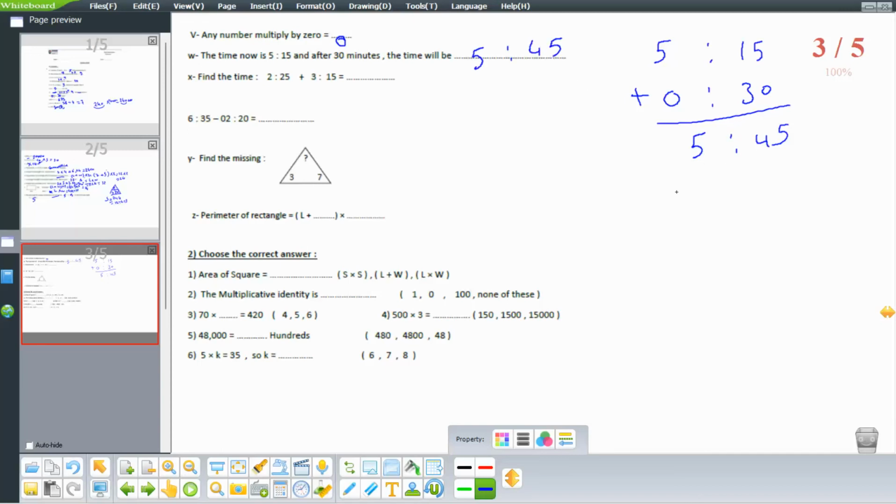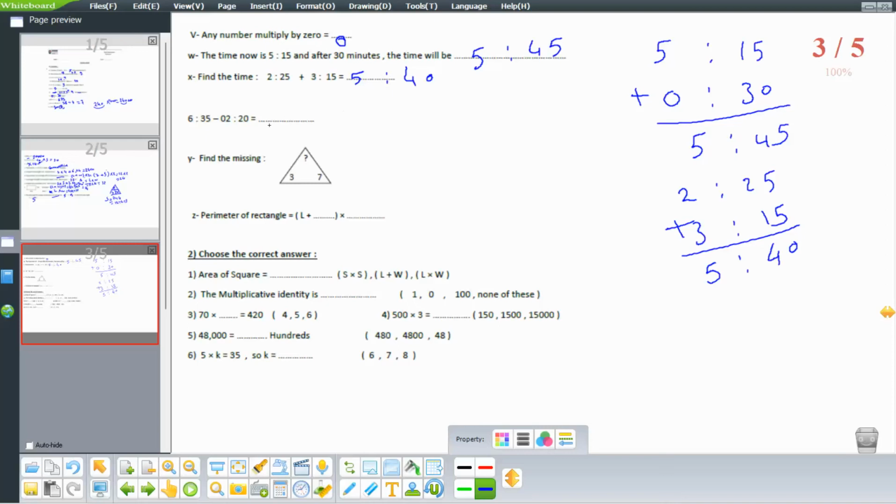If we have 2:25 and 3:15 and we want to add: 5 plus 5 equals 10, 2 plus 1 is 3, 3 plus 1 is 4, so it will be 5:40.